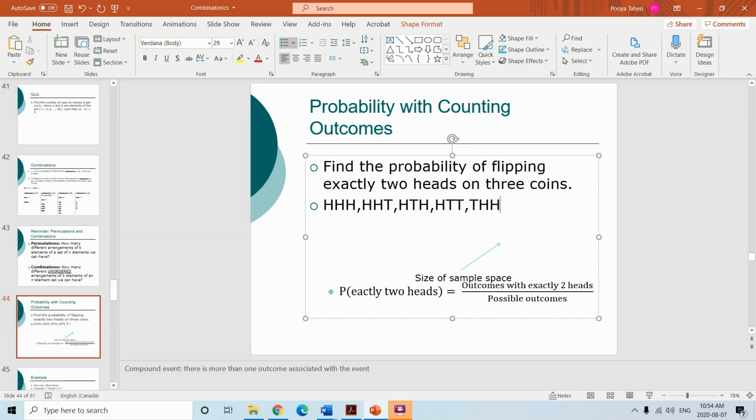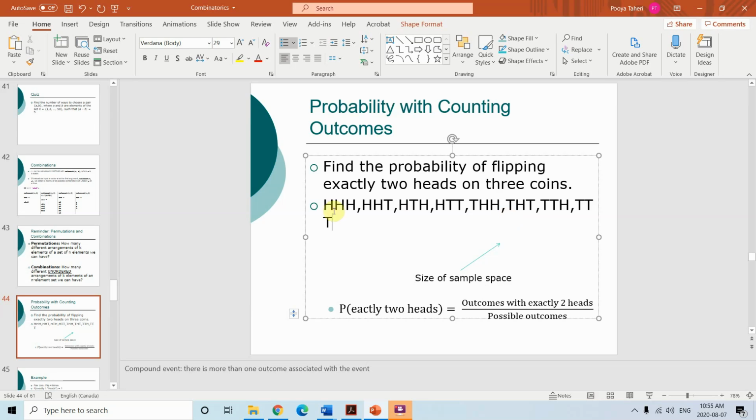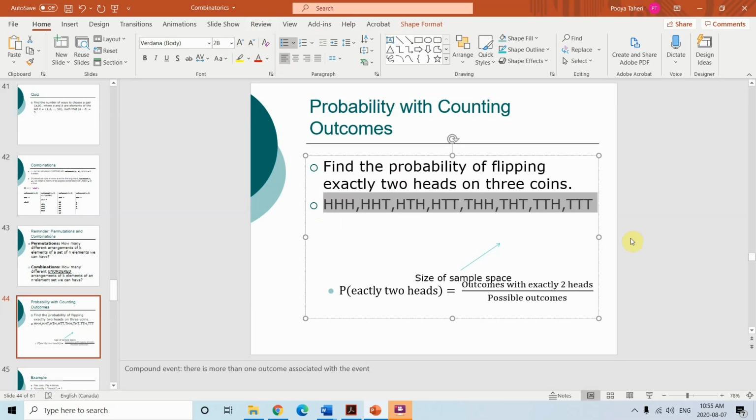Tail, head, head; tail, head, tail; tail, tail, head; and finally tail, tail, tail. Okay, so these are all the possible outcomes of flipping a coin 3 times or flipping 3 coins, right?